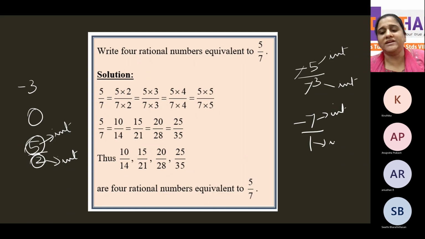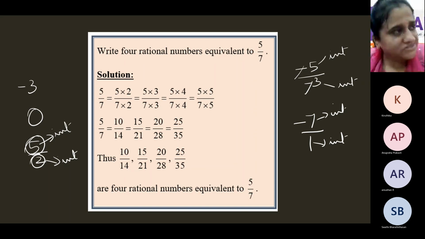Is the denominator an integer? Yes. So it's a rational number. Minus 7 is an integer. Minus 7 is also a rational number because minus 7 can be written as minus 7 by 1, where minus 7 is an integer, 1 is also an integer. And since it takes the integer by integer form, it is a rational number.